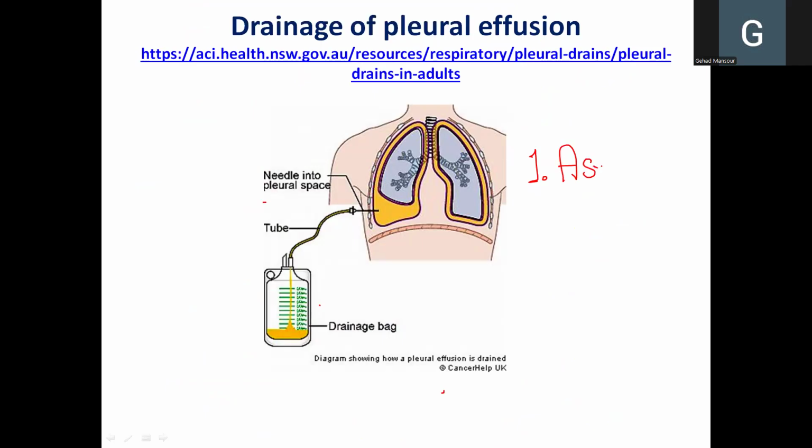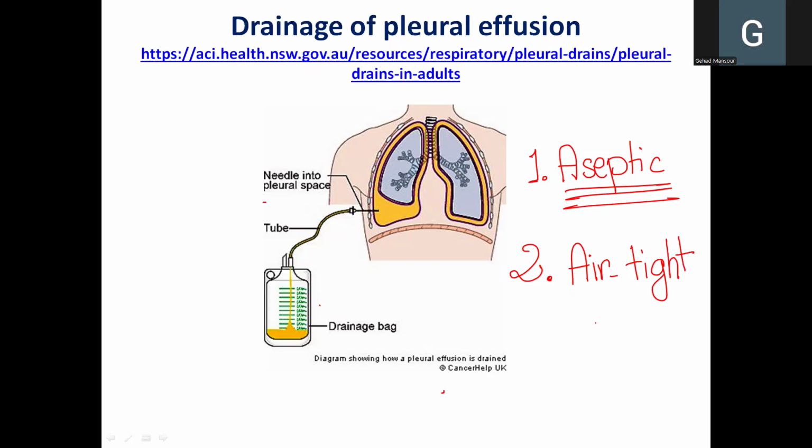First, it should occur under complete aseptic conditions in order to prevent introduction of infection into the pleural space. And second, it should be airtight, because if it's not airtight, you would introduce air inside the pleural space and you would result in collapse of the lungs.